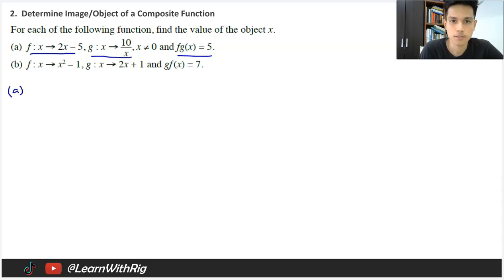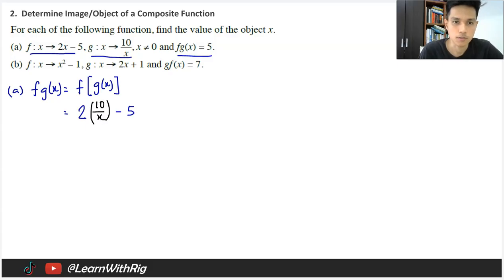So f(x) is this, and they give you gf, so you have to find what gf is. So gf is actually equal to, you're substituting g(x) as the object of f. So what is f? f is 2x − 5. But in this case, you're not going to use x, you're going to use g(x). So what is g(x)? 10 over x.